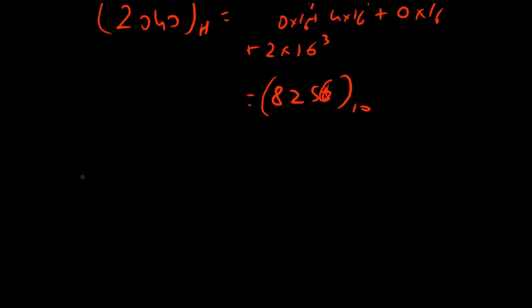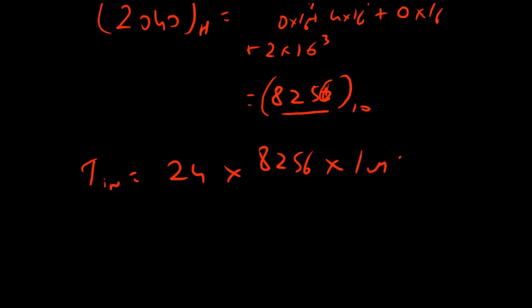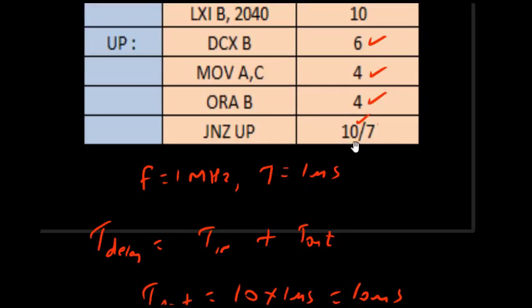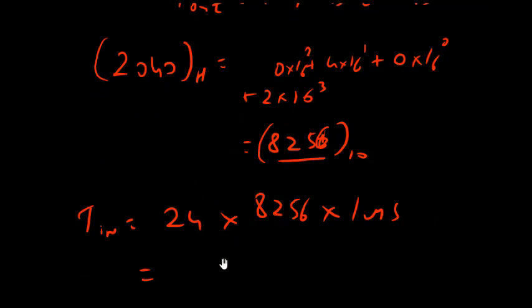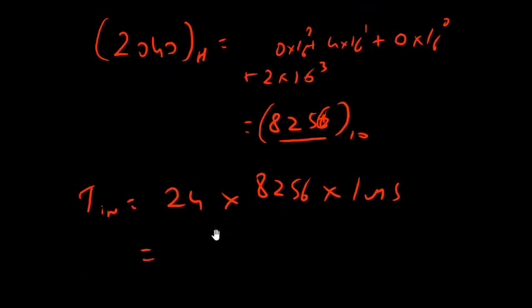So the total time in is 24 T states into this count 8256 into 1 microsecond. We don't need to subtract 3 microsecond, because a very large number will be obtained if we multiply this. So we can just multiply and check the answer.